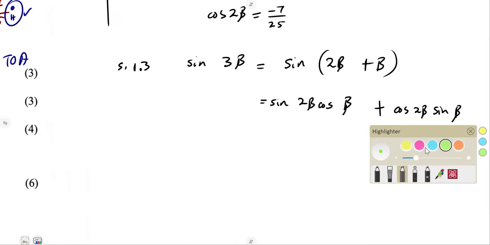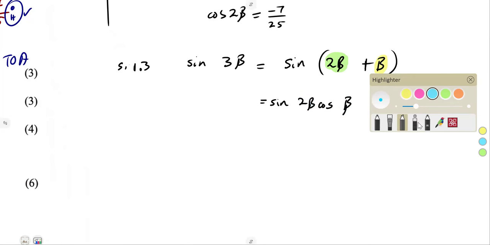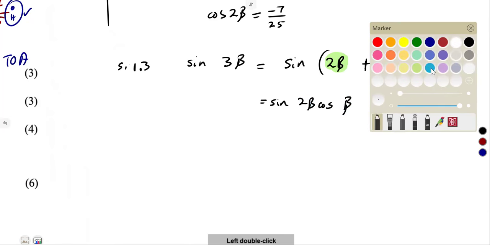These are referred to as two separate angles. They are separate angles so far. That is the condition: 2 beta, 2 beta, and this is beta, this is beta. If you understand that, you're done. So let us check what we have so far.